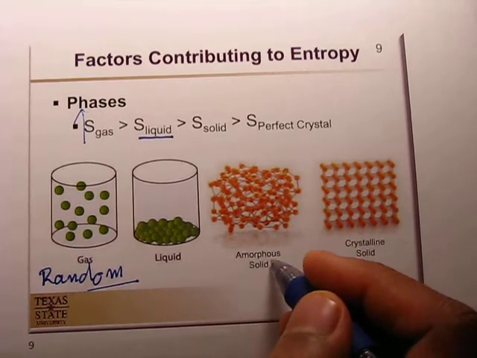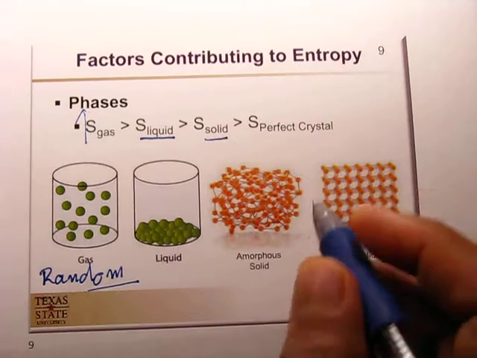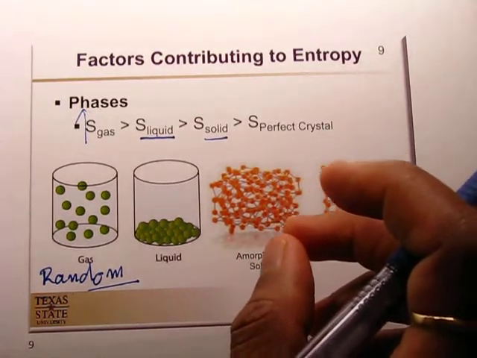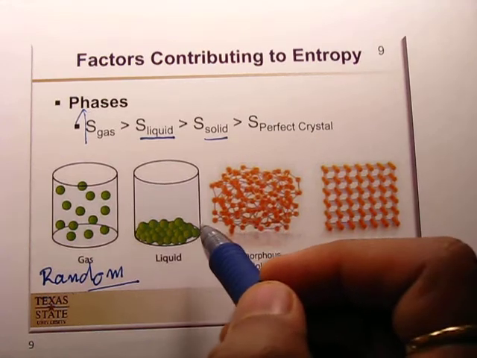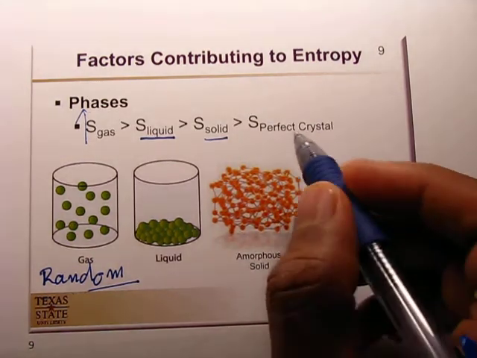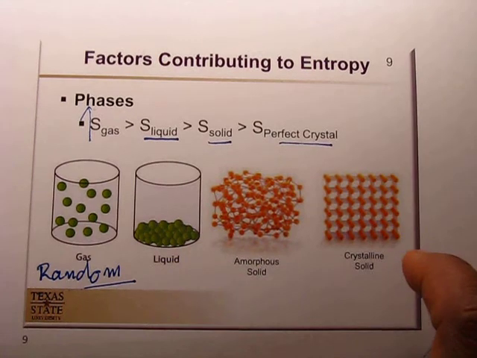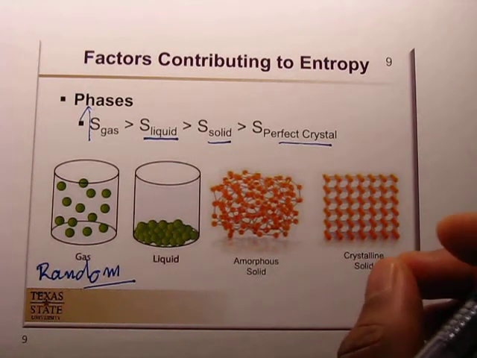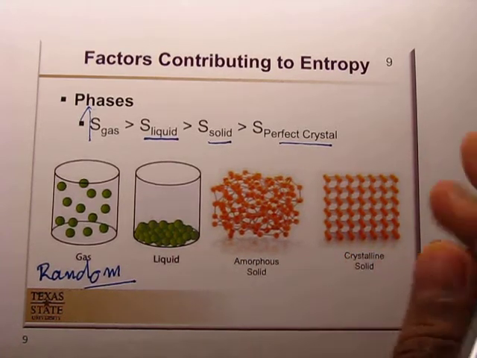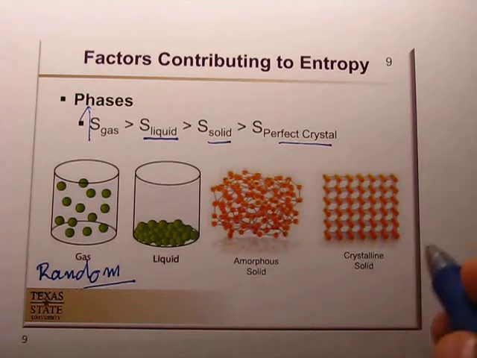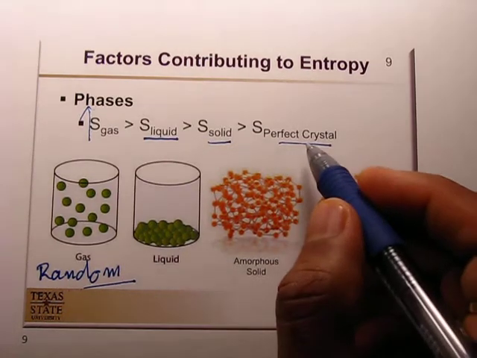This is an amorphous solid. In an amorphous solid they can still move a little bit, not too much, so their entropy is further less because the disorder is less. And a perfect crystal has highly ordered molecules, which is why they have very little opportunity to move around everywhere, so their entropy is the lowest.